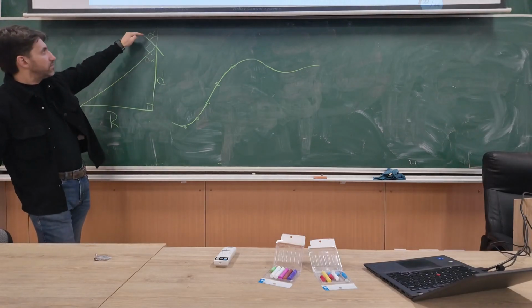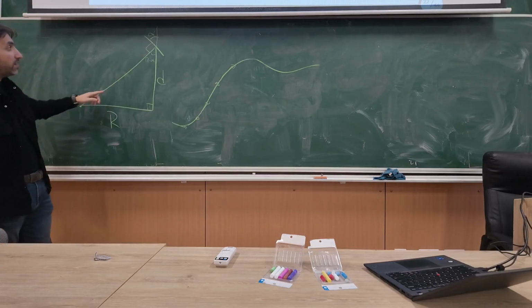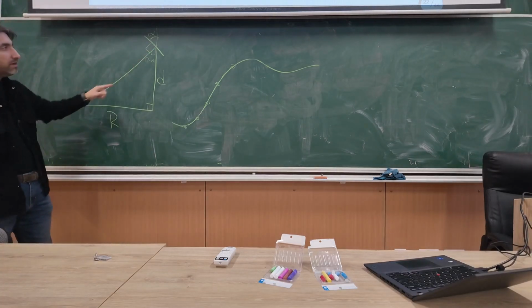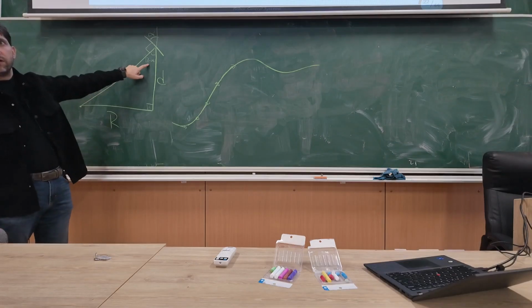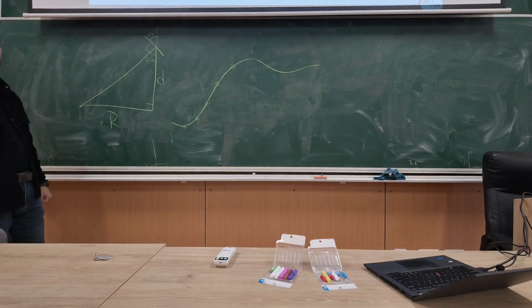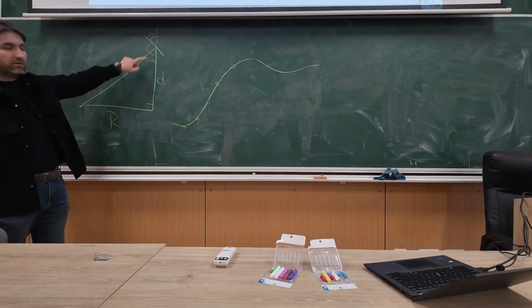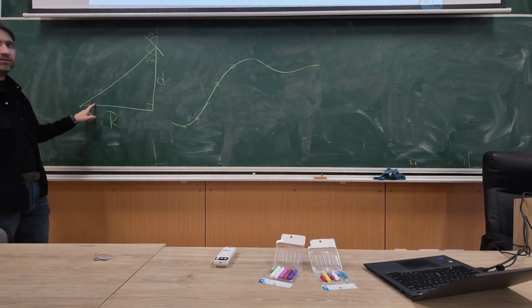This is 90 degrees, right? We said the axis of rotation of the wheel is perpendicular to the wheel, right? So this is pi over 2 minus alpha, and the other one is pi over 2.